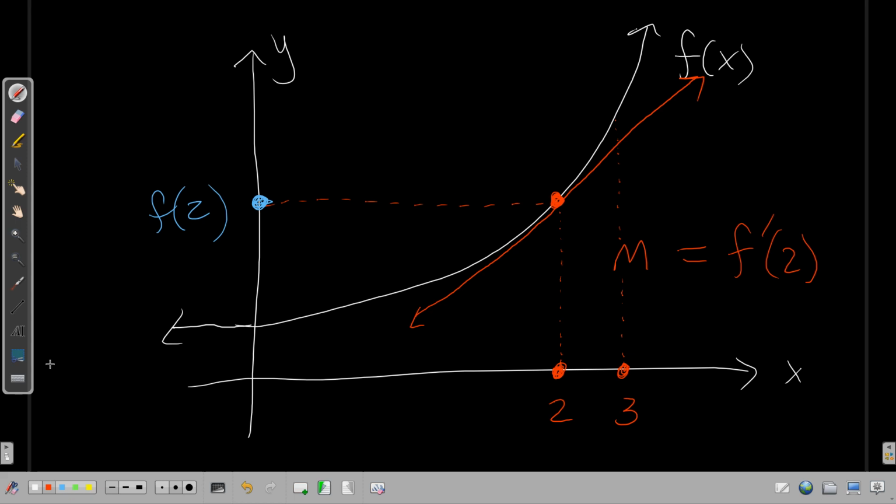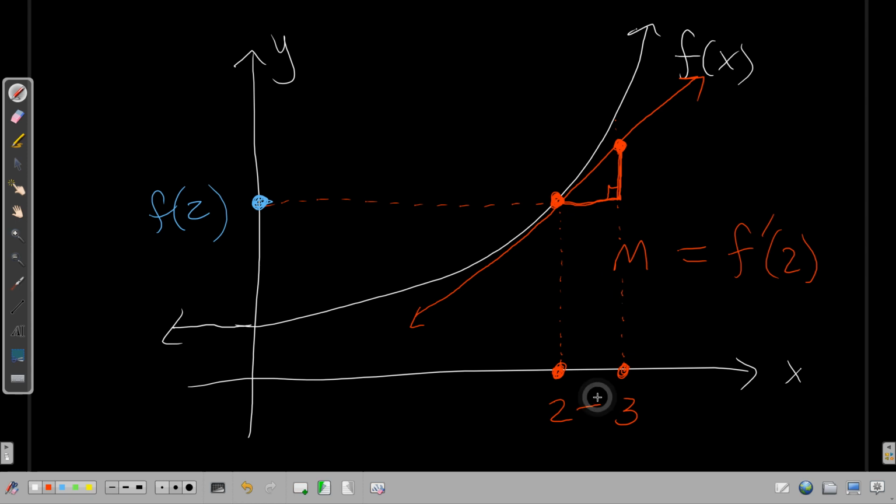There's 2 things happening here at 3. I'd have the point that's on my tangent line, and I'd have the right triangle that can get formed right there.